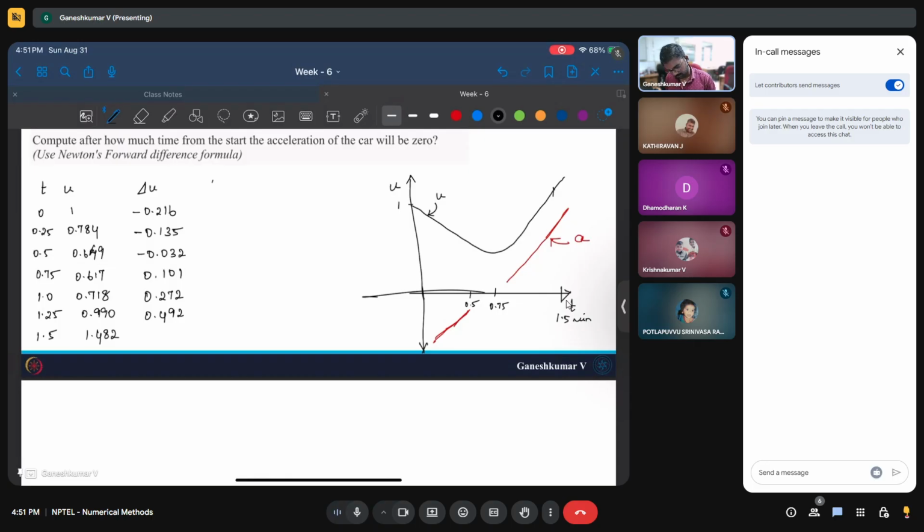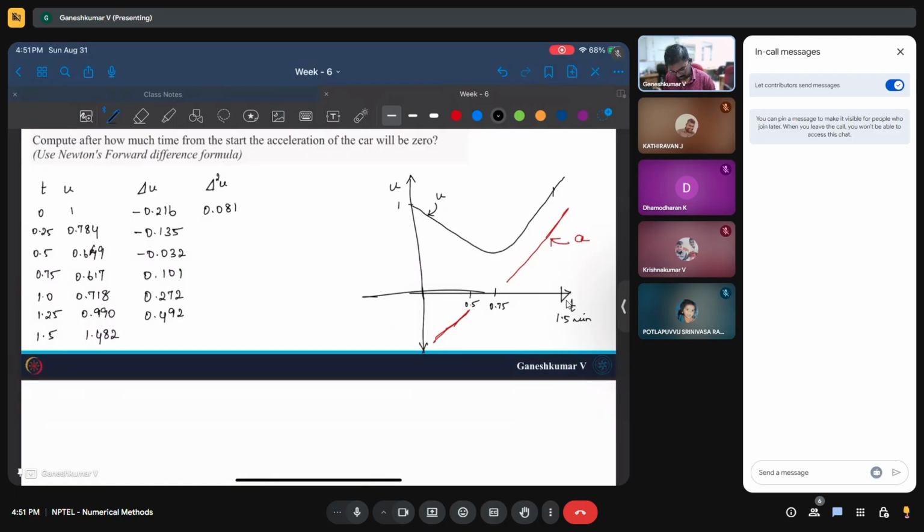All right, so let's do del square u. Minus 0.135 plus 0.216 is 0.081. Do I have this already calculated?